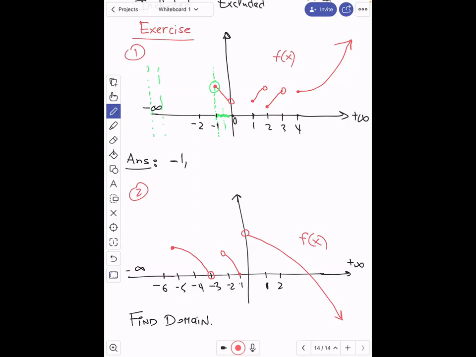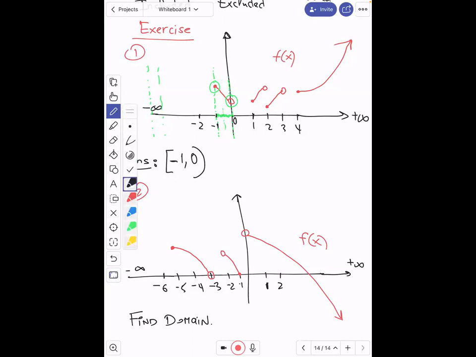My domain would be from -1 to, and then you have to stop at 0, because at 0 this is an empty circle, which is excluded from the graph. So we have -1 to 0, comma 0. -1 is included because we have this full circle, and 0 is excluded, so we have to stop at 0 again, guys, because we don't have a full circle at 0.